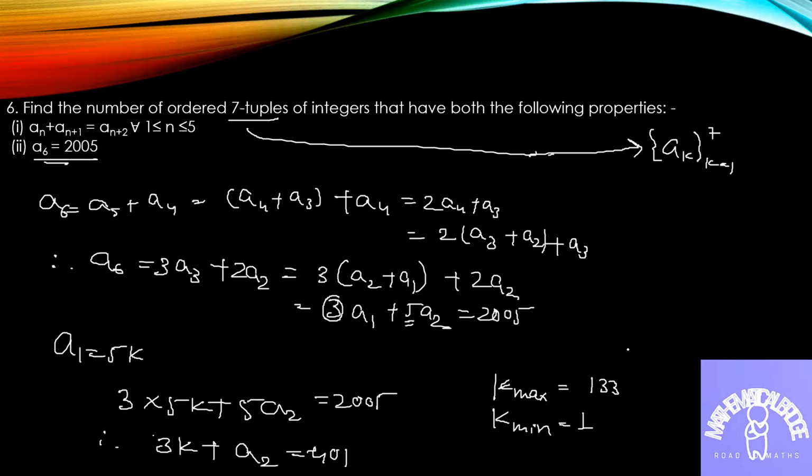So the total number of tuples we will get is k max plus k min minus 1, which is equal to 133 plus 1 minus 1, that is 133. 133 tuples of integers we will get.